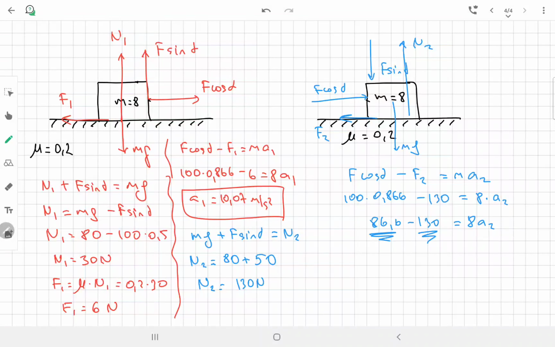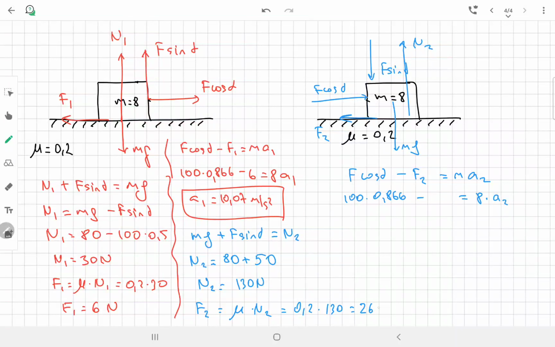Sorry, there is a mistake, because friction force is not equal to 130. We didn't calculate friction force. This was my mistake. Friction force is unknown. First, let's calculate friction force. You know, friction force equals coefficient times normal force. Sorry, guys. Friction coefficient 0.2, normal force 130. So friction force equals 26.